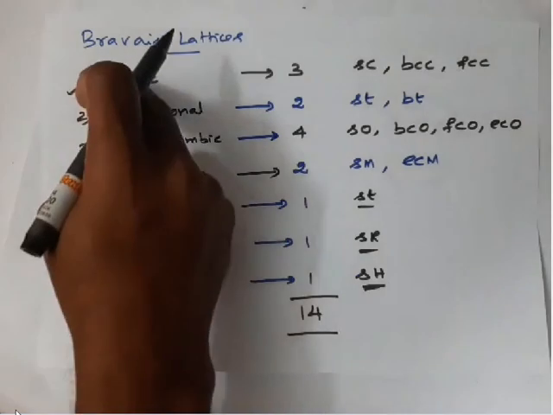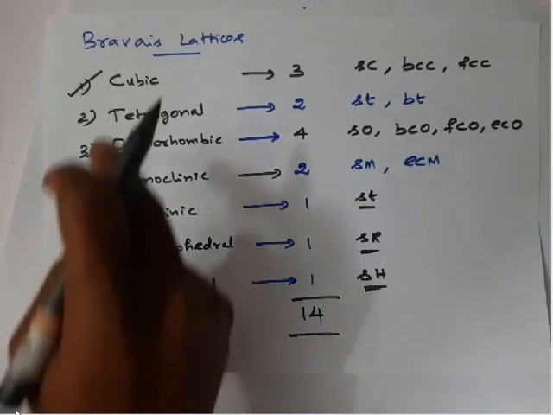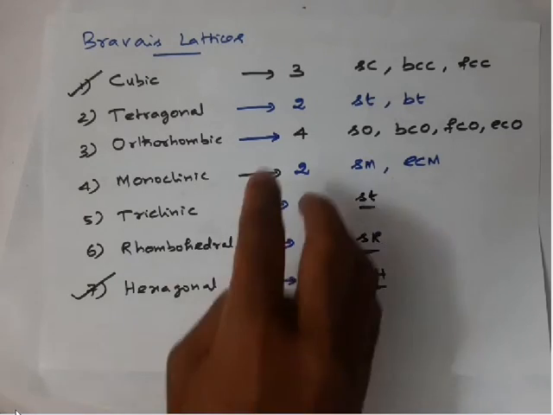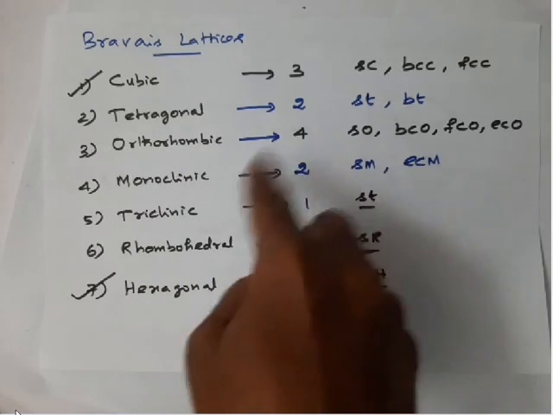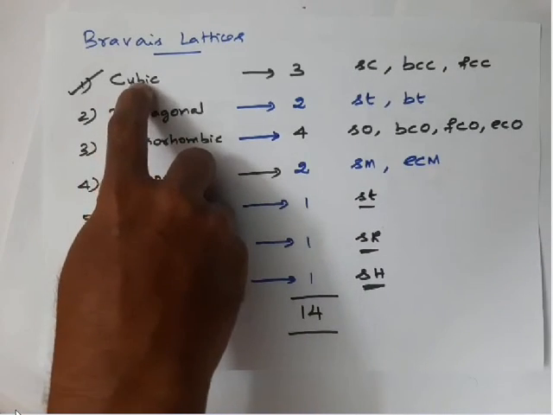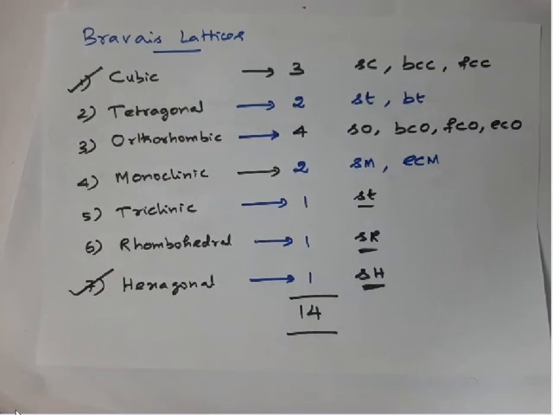So it is very important to remember the cubic and hexagonal types. Questions will come from these, and we are going to discuss elaborately cubic and hexagonal unit cells. Right, students, up to this any doubt?